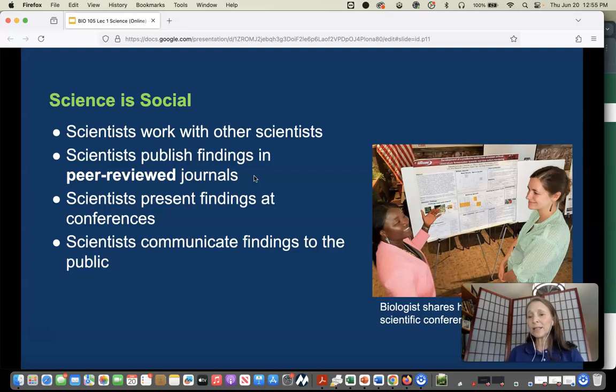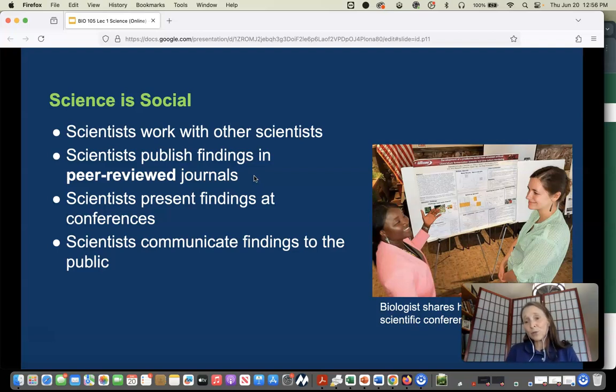So when scientists are publishing their information, this information is not just willy-nilly information published on the web that isn't necessarily checked by other people in their field.